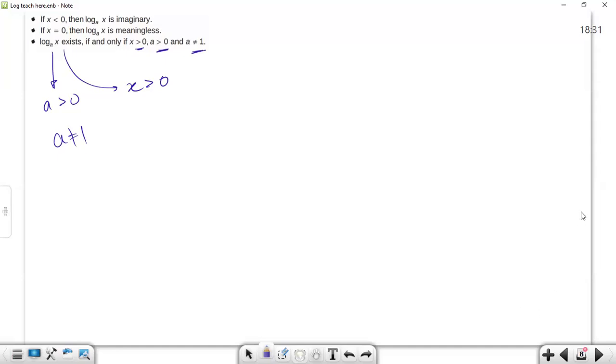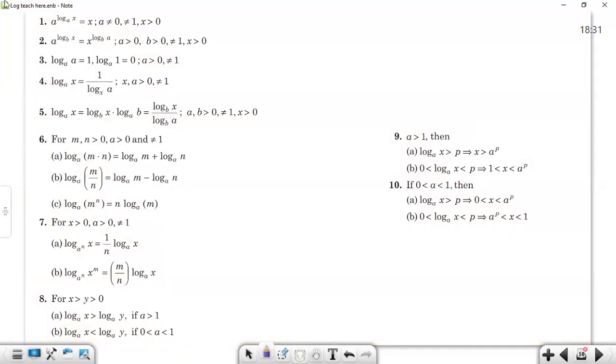So let's move on and discuss the properties of logarithm.